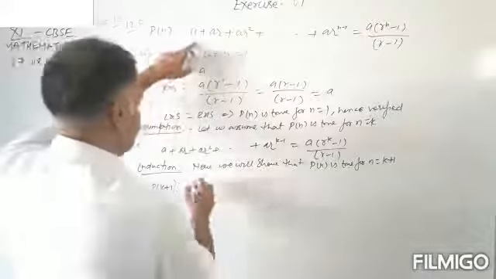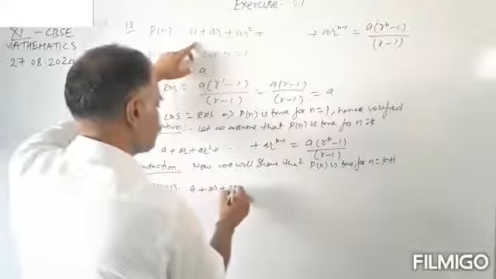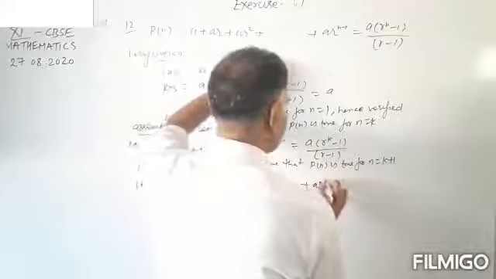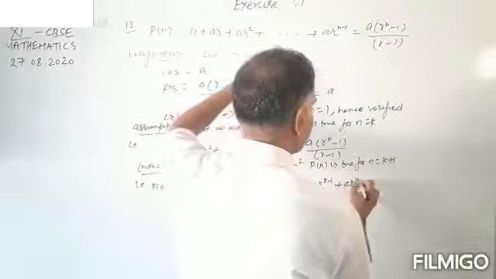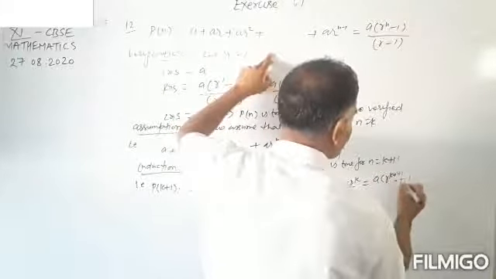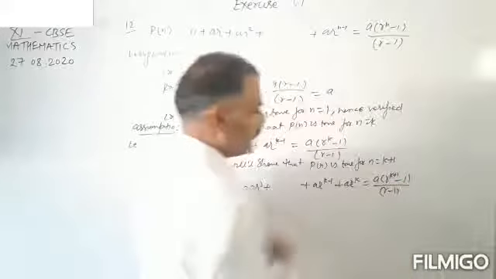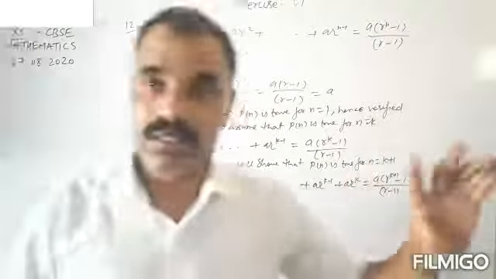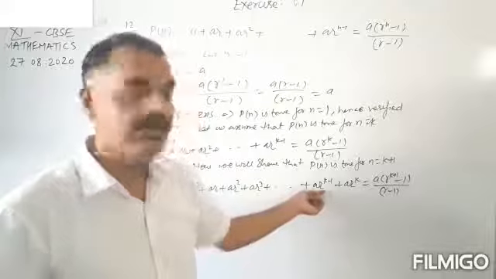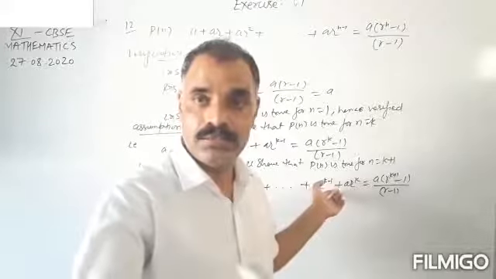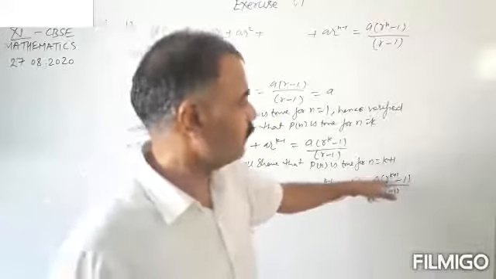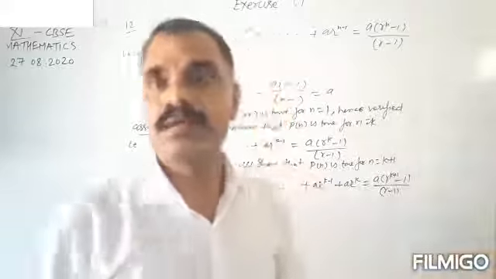What we have to show is a plus ar square plus ar to the power 3 plus ar to the power k minus 1 plus ar to the power k is equal to a(r to the power k plus 1 minus 1) upon r minus 1. It means we have to write down the given statement up to the k plus 1th term. So the kth term, then one more term, put n equals to k plus 1.